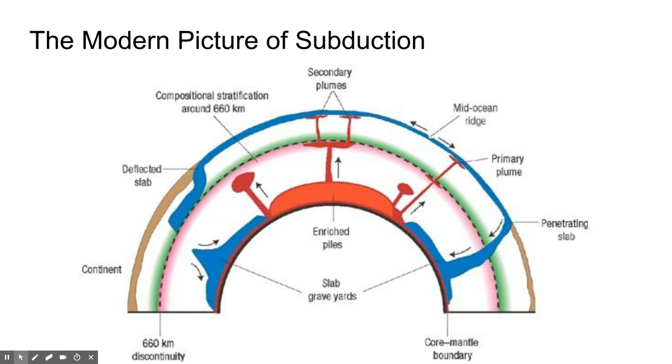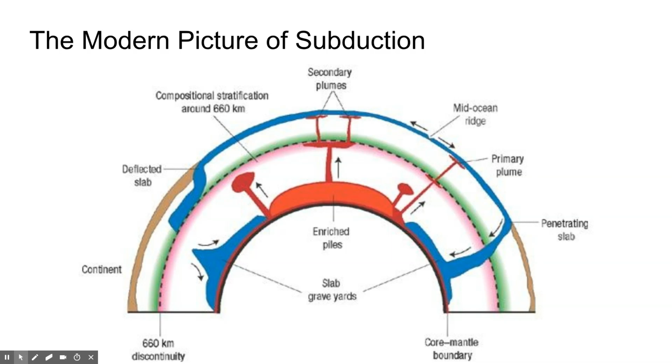And the Earth will eventually cool off to the point where Mars or Mercury are. And the interior will be compositionally complicated because these subducting plates aren't all the same composition over time. So there's a lot going on here, and it really makes the interior of the Earth quite interesting.